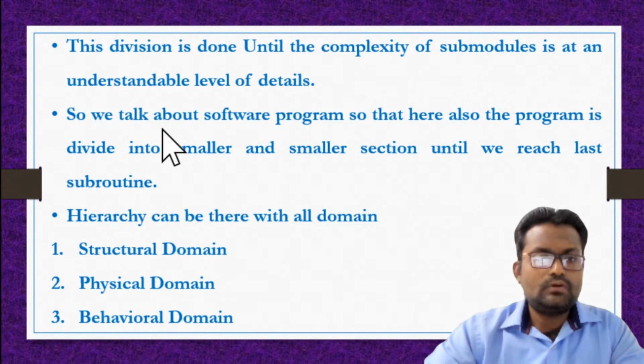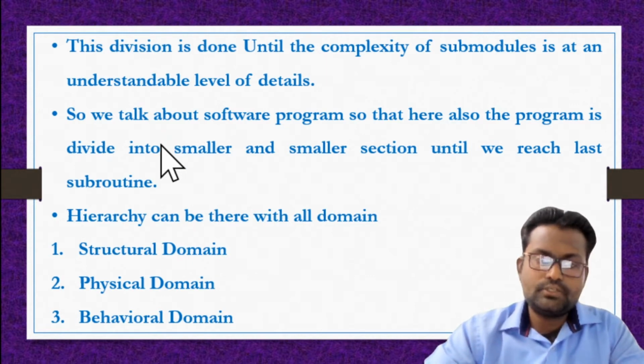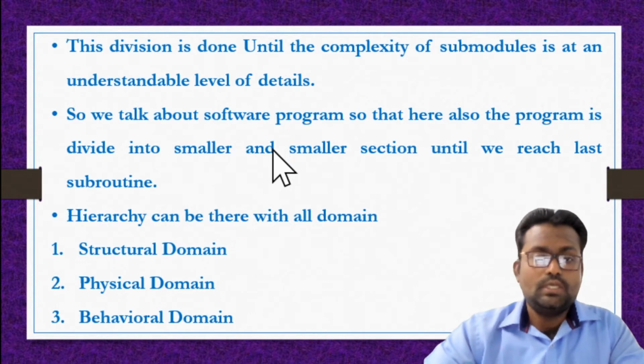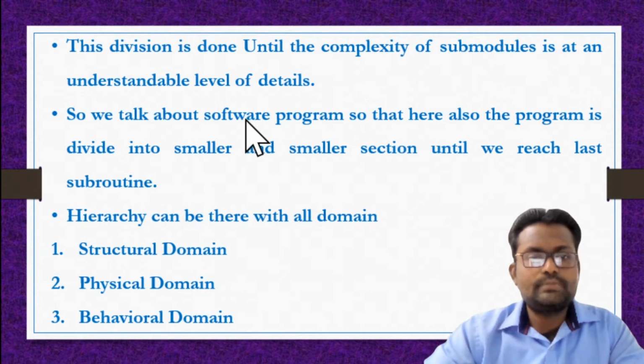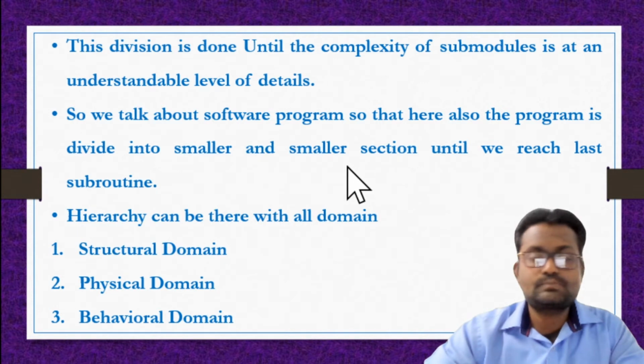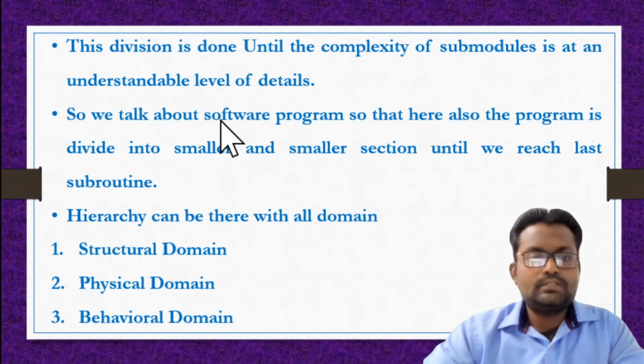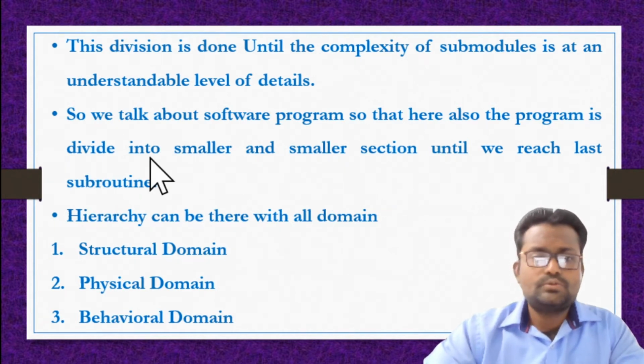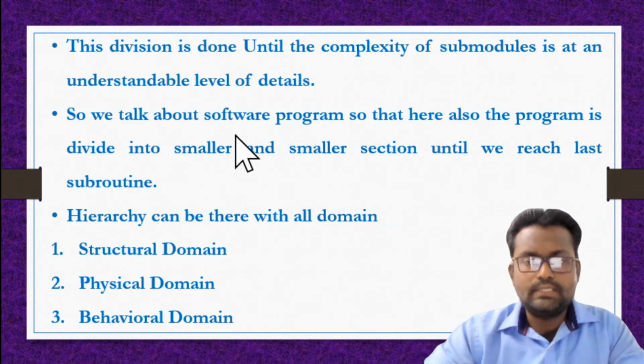If we talk about this hierarchy procedure in a software program, we know that a software program is a combination of various small sections. So for making a software program, first we divide the program into smaller and smaller sections until we get the subroutine. So this is all about hierarchy in a VLSI system.